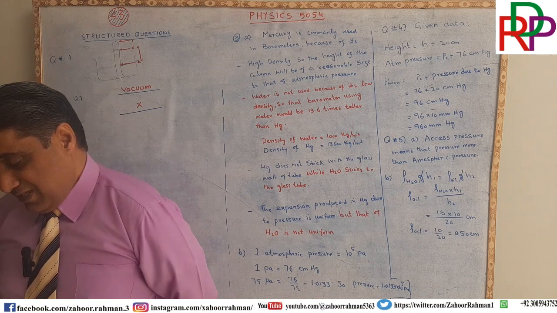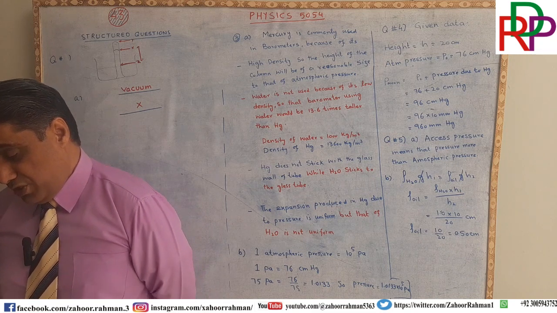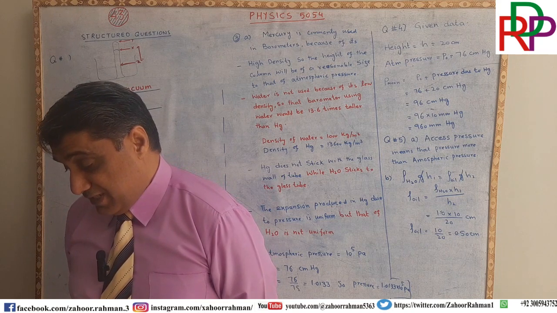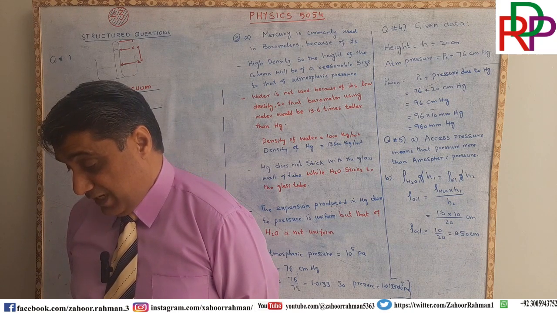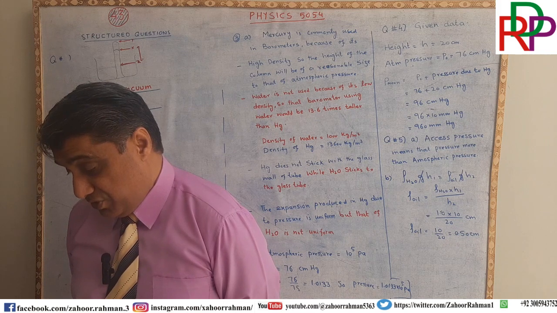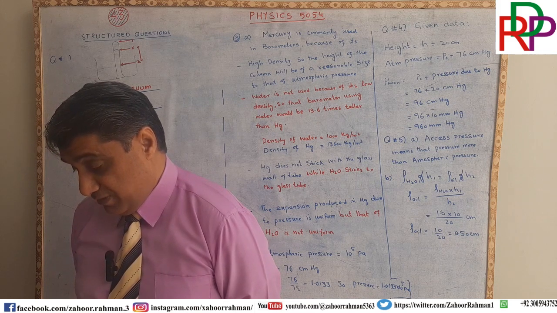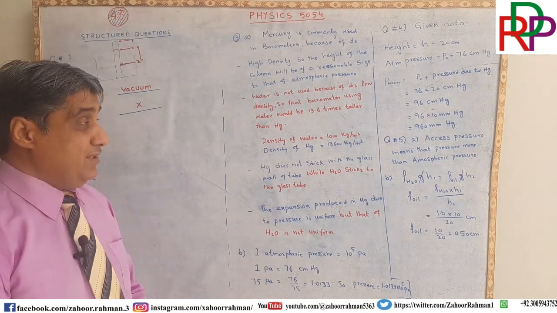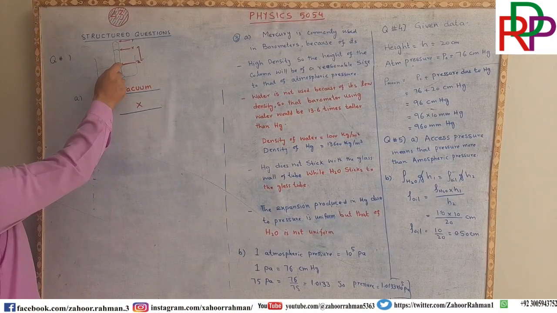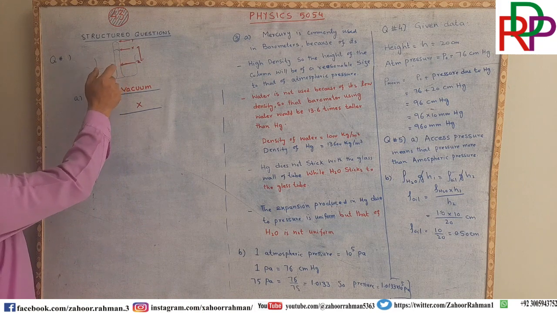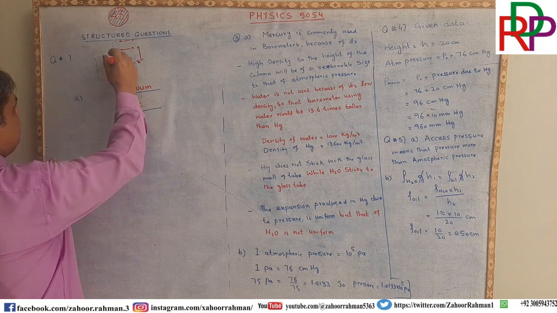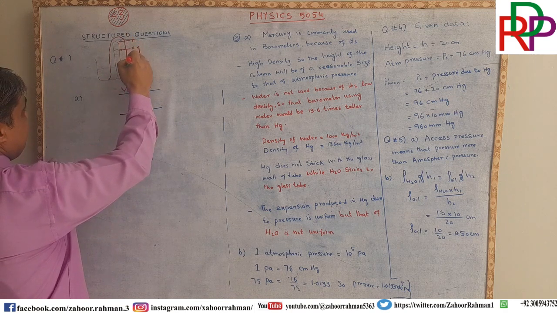Now let us draw our focus towards C, that is, discuss the effects, if any, of using a wider tube on the barometer reading. If we are using a wider tube, for example, a tube like this.